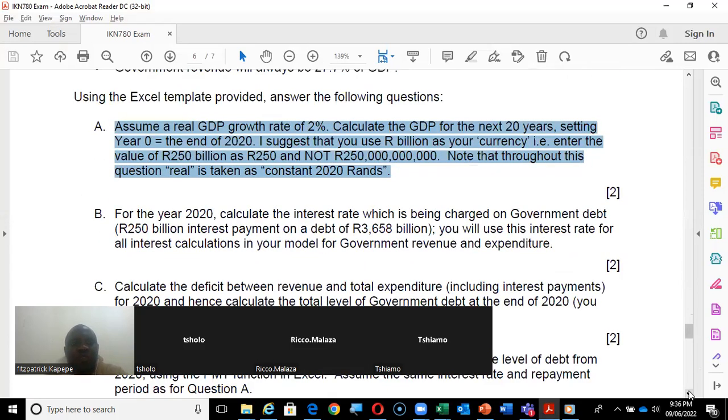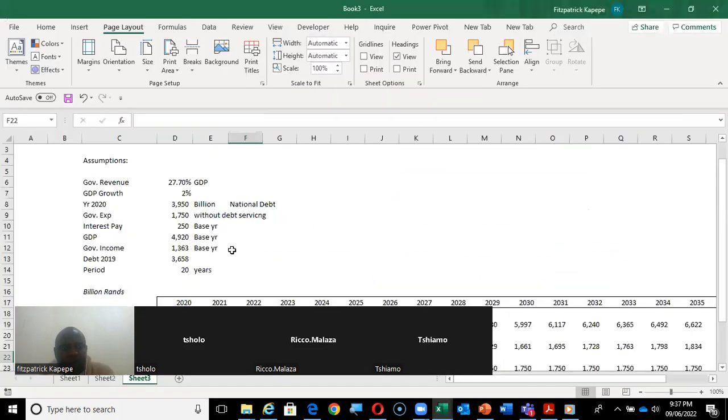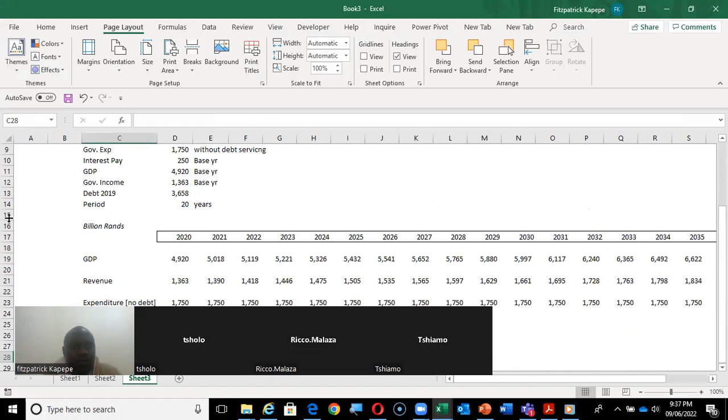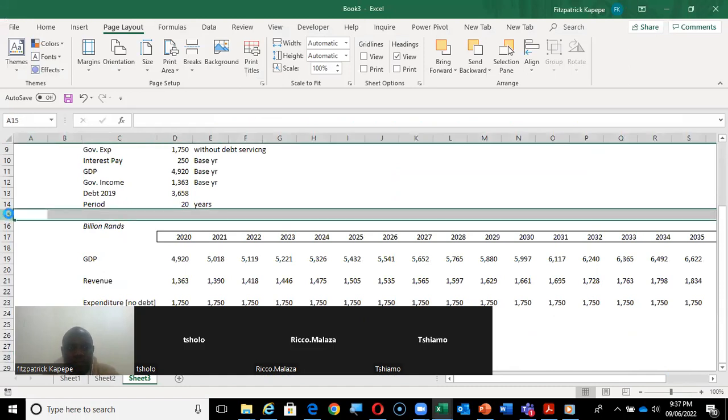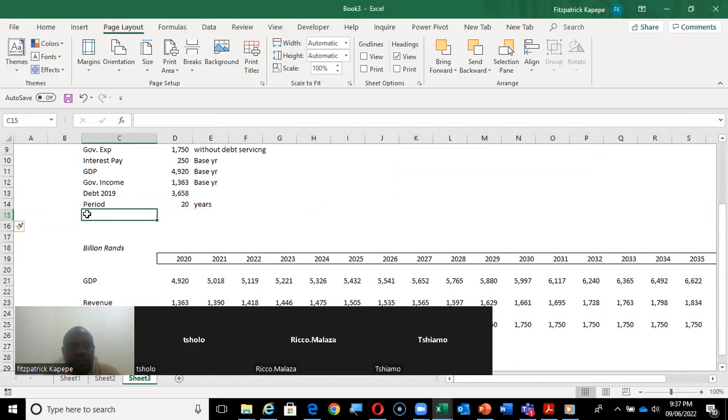I've been told for the year 2020, calculate the interest rate which is being charged on government debt. 250 billion interest payment on a debt of 3658. So we need to find the interest there.